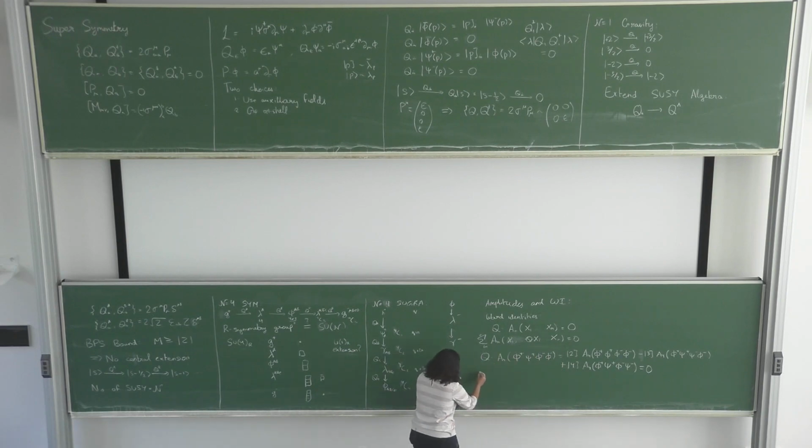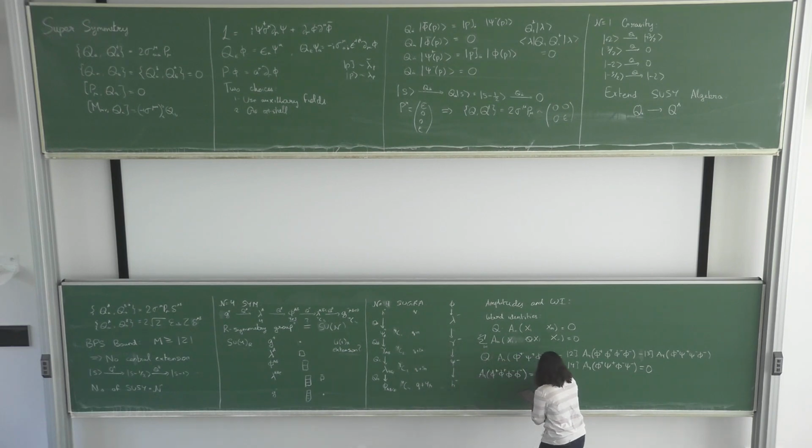And so I'm going to get A4 for the all scalar amplitude to be related in this way from this identity after dotting in 4 to the amplitude with 2 fermions and 2 scalars.